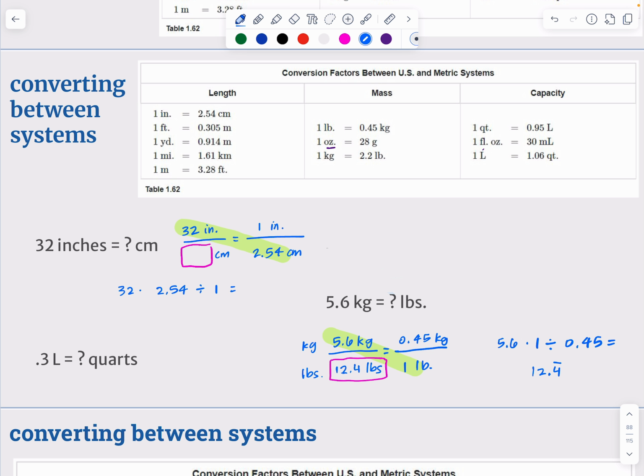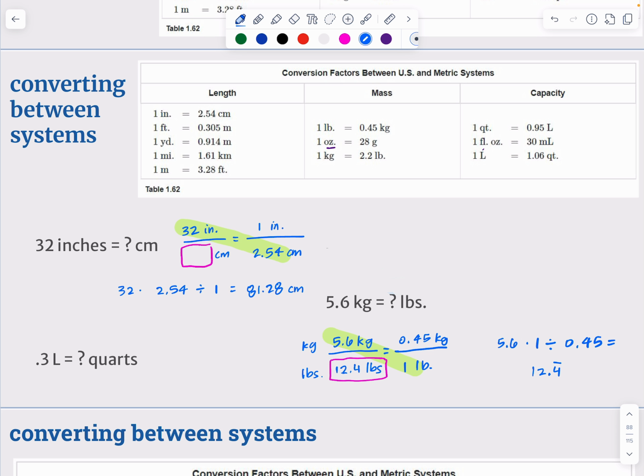So again, I grab my calculator. I'm going to figure out what 32 times 2.54 is. And that turns out to be 81.28. And my unit here is centimeters. So that would be how I do that conversion.